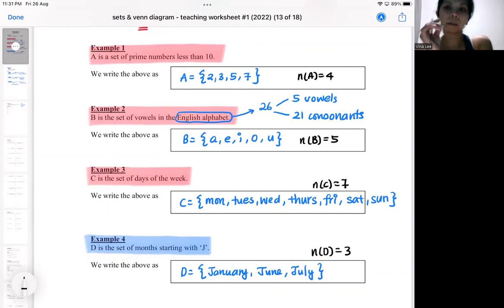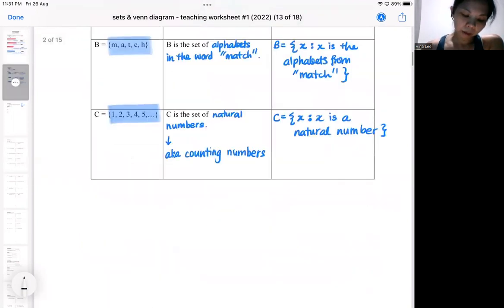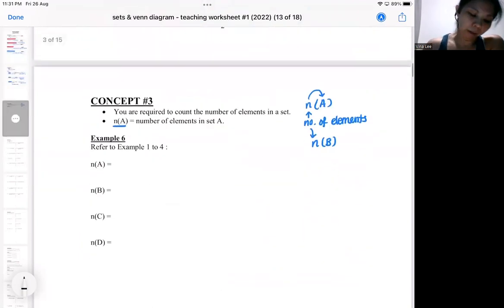So the n symbolizes how many. When you see the symbol n, that means you're supposed to count. So it's a language that you've got to translate. Why do they come out with the language? It's just a translation of symbols into language. Then it actually tells you to do something. So 4, 5, 7, 3, that is the counting.